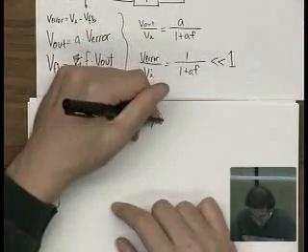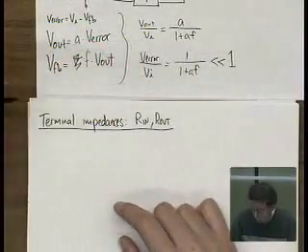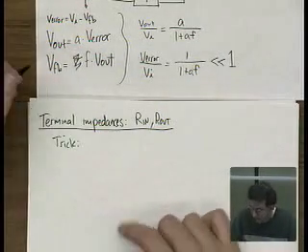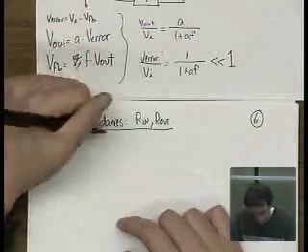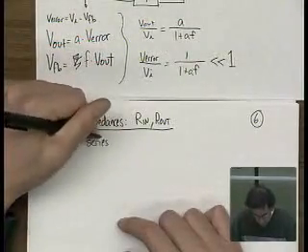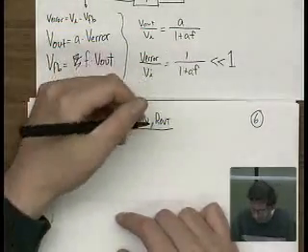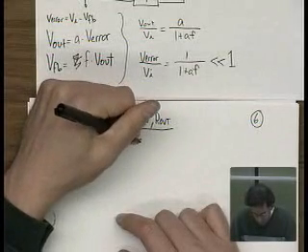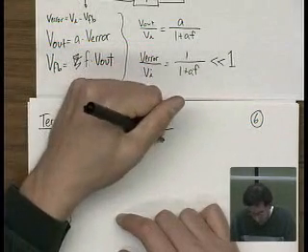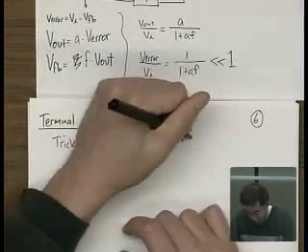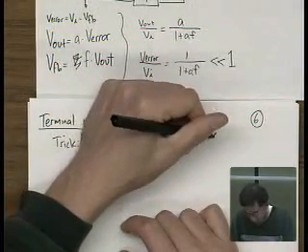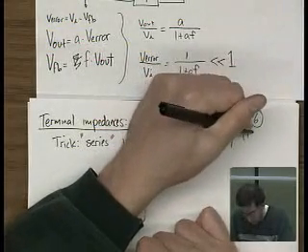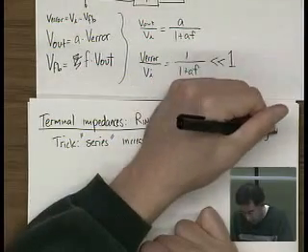So basically R in and R out. And there's a trick here. The trick is any series type connection increases the terminal impedance by 1 plus T times.